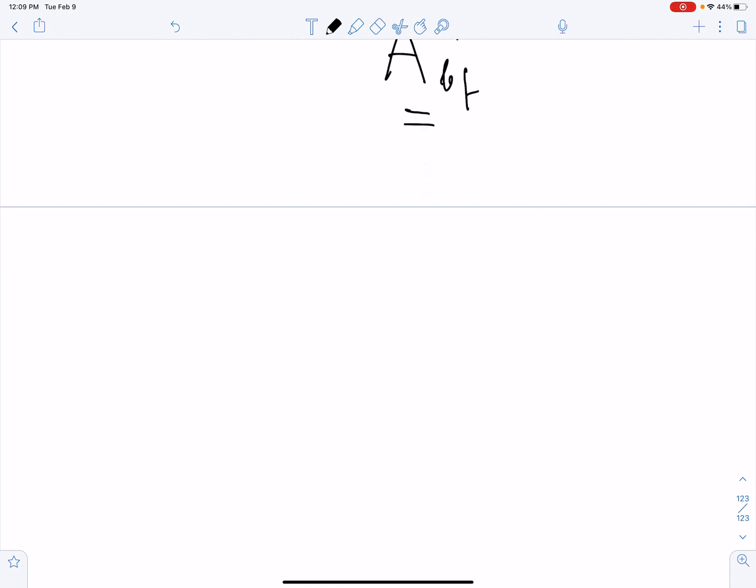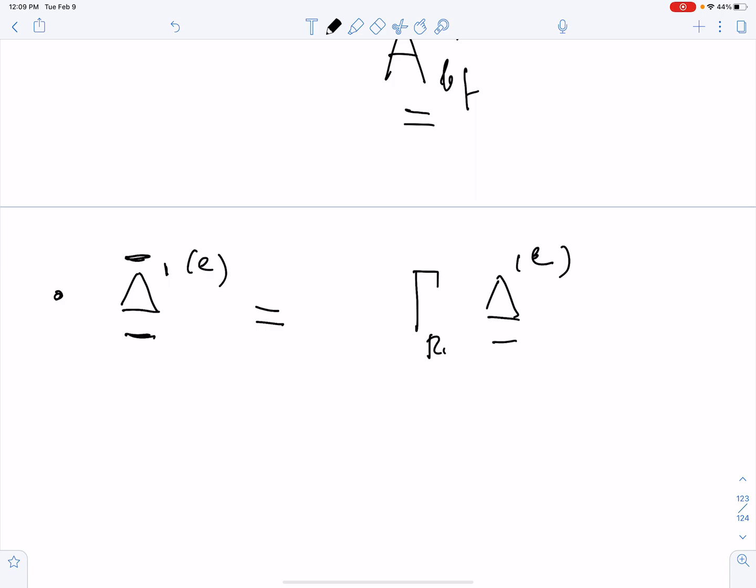So then you need two more relationships. One is, if you want to obtain the basic displacement for any element E, the way you do this is you start with a global displacement vector for element E. You multiply this by the rotation matrix for element E, and then you multiply this by RBM.